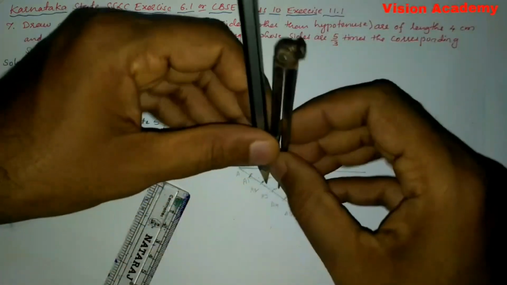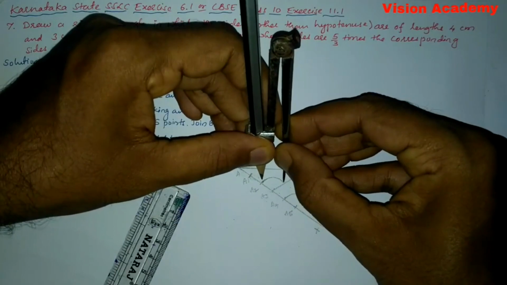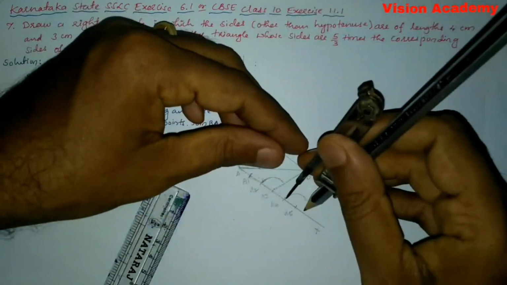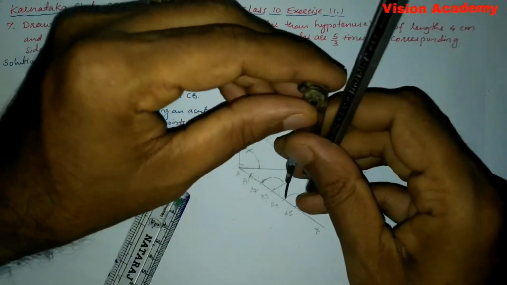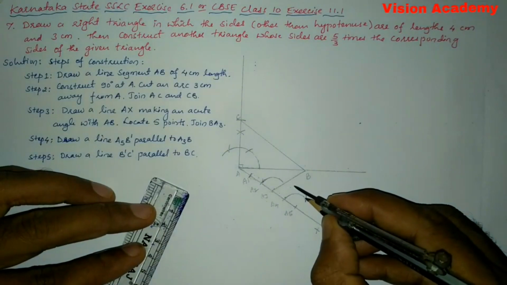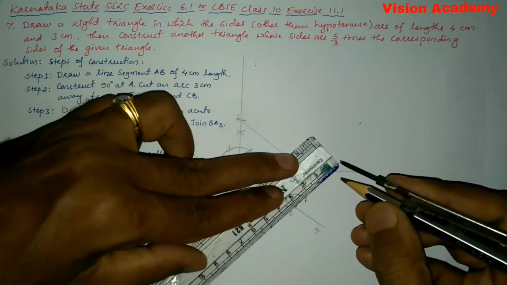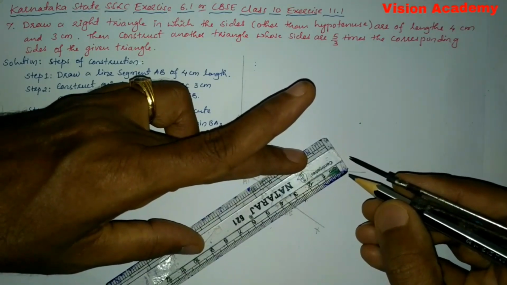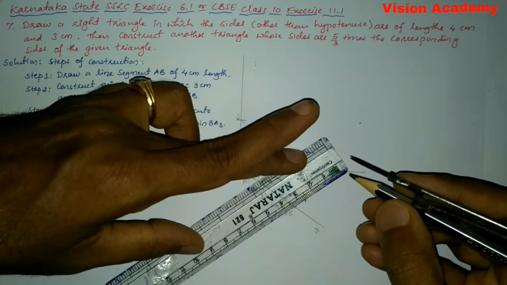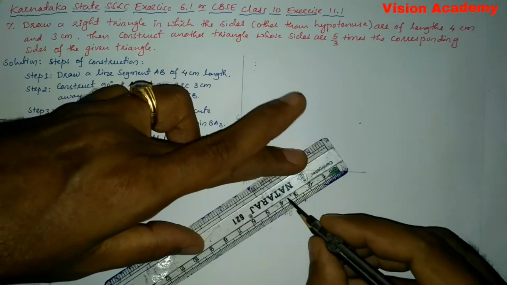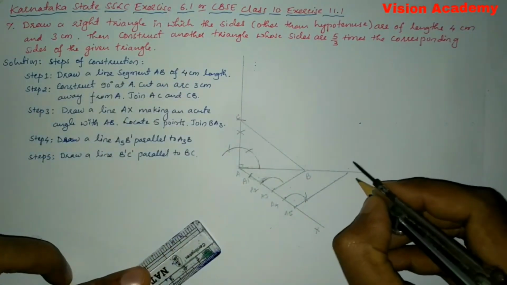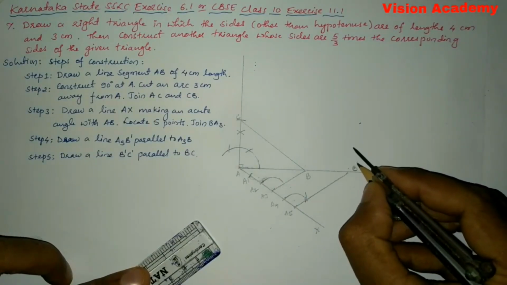Let us take the length of this curve and, keeping on this point, cut it. So here we got one point through which we are going to draw a parallel line. Let us name this as B dash.